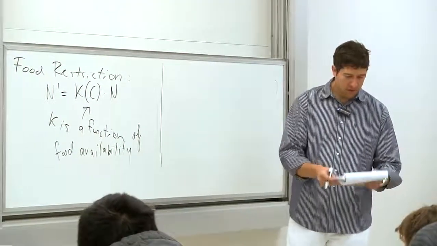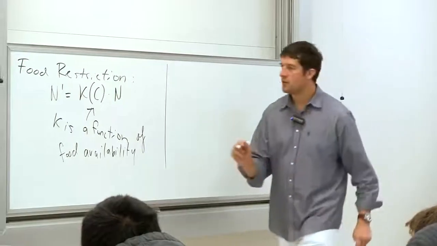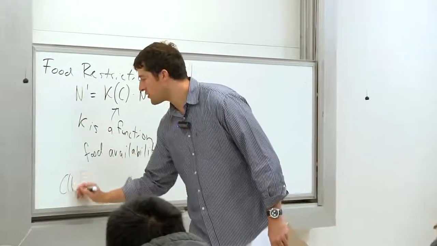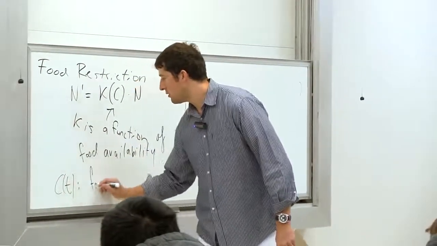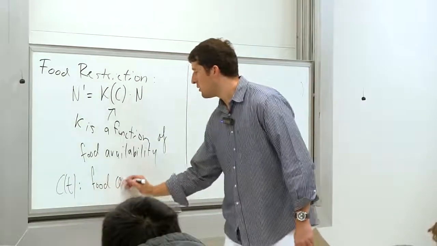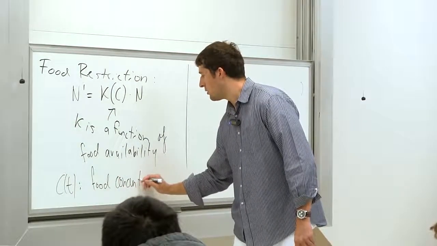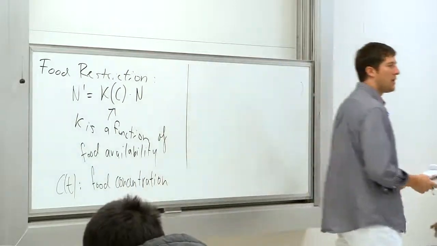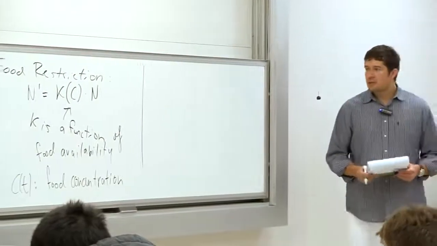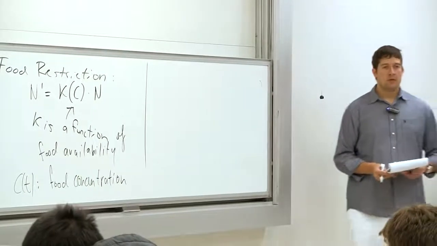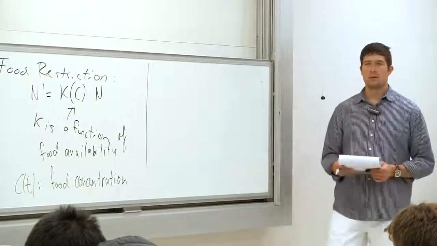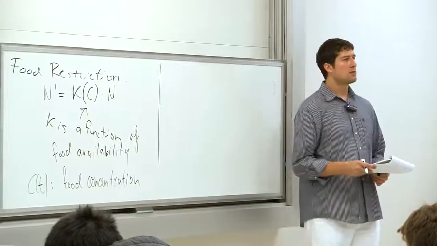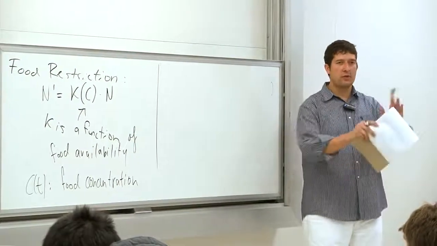How do you think that the food is consumed? So C of t is the food concentration. Does anybody want to suggest an equation for C over time? So as a first approximation, we're going to start with a bottle of food.